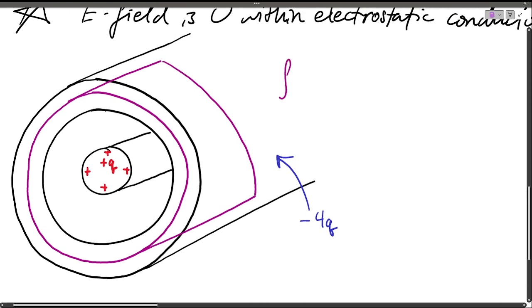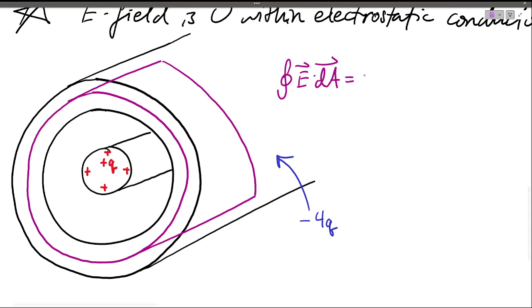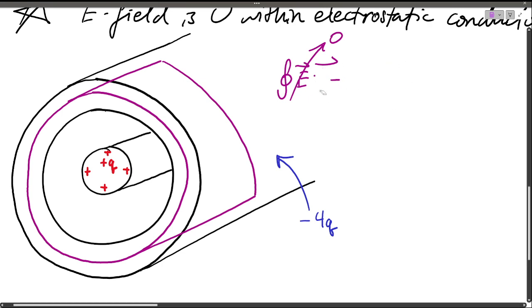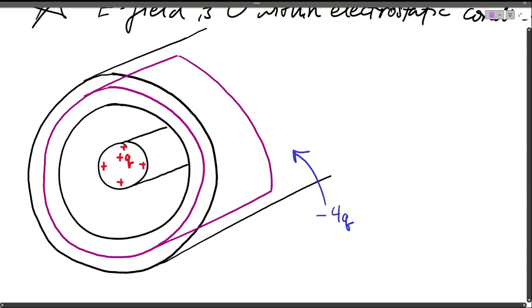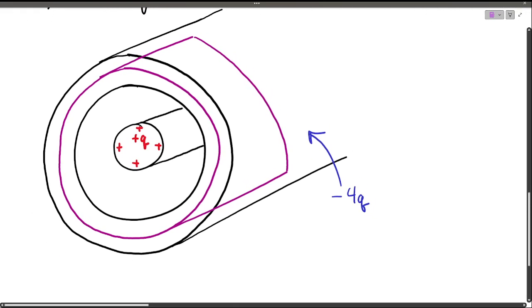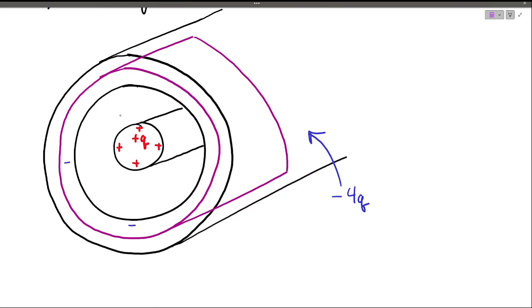Therefore, if we look at Gauss's law, E dot dA is equal to Q enclosed over epsilon naught. If this is zero, well, then that must be zero too. So we know that there is a net charge of zero enclosed within this purple cylinder I drew, and there's already a plus Q inside, so there must be a minus Q to balance it out. So we know that on the inner surface of this outer shell there is exactly minus 1Q worth of charge.